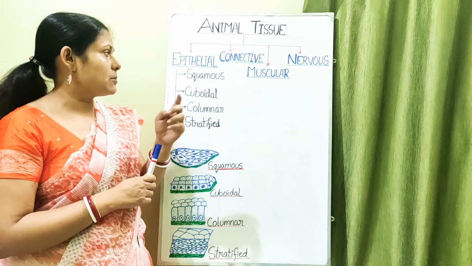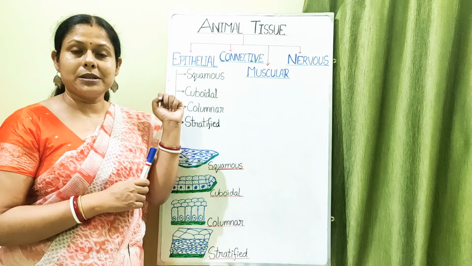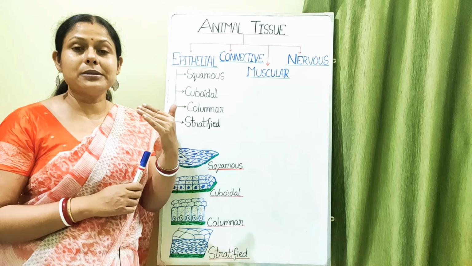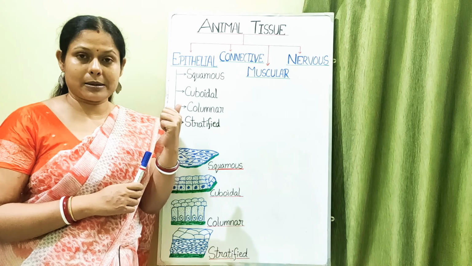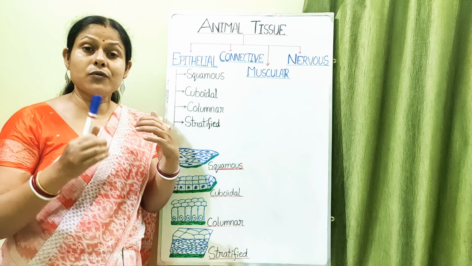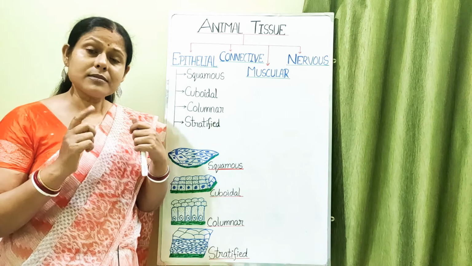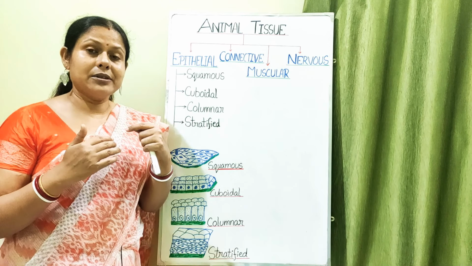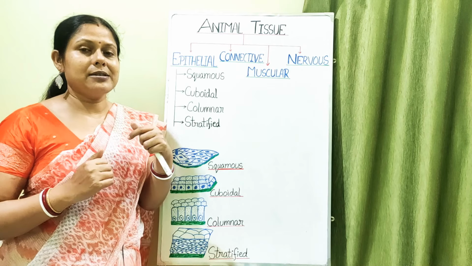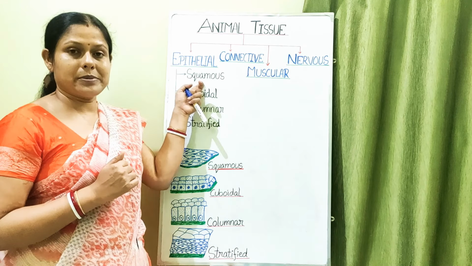That is also done by the squamous epithelial cells, and it is a single layer so that diffusion of oxygen and carbon dioxide can take place through the blood capillaries. So wherever things have to be diffused or filtered, there plays the role of squamous epithelial tissue.